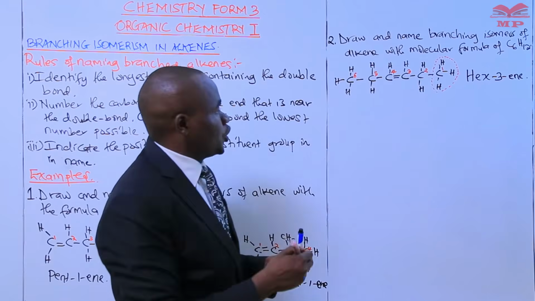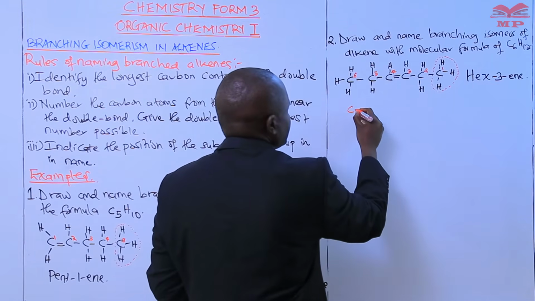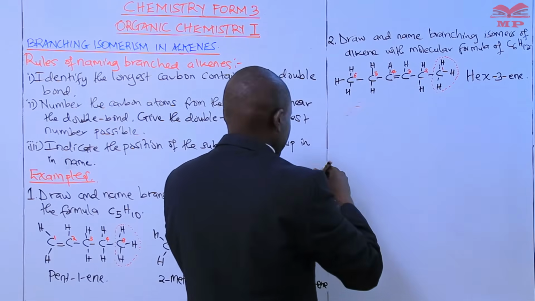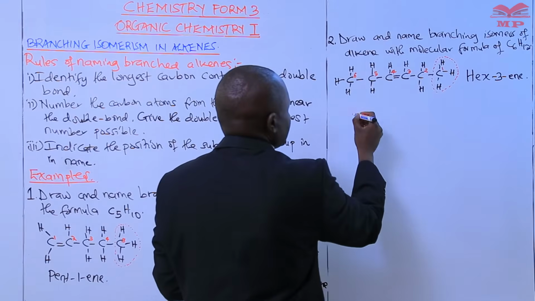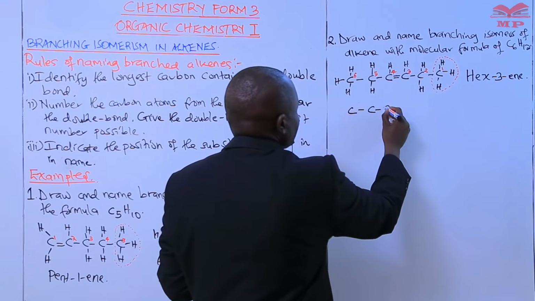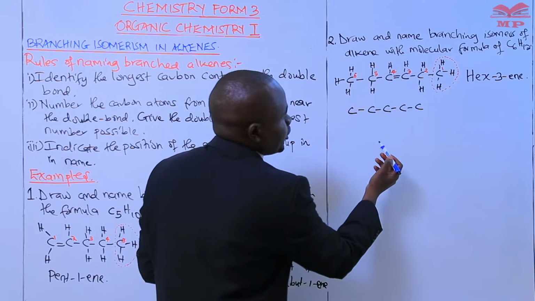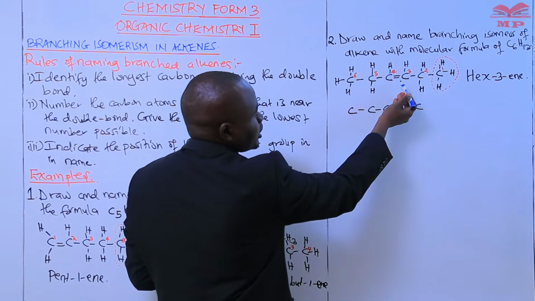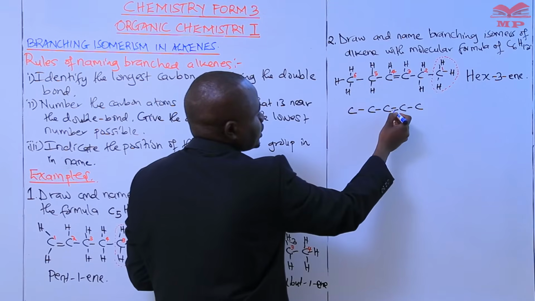So let us see which structure we shall come up with. So I will have this structure. So this will be 5 carbon atoms. They have now reduced from 6 to 5. Then don't forget the double bond is now between these 2, like that.